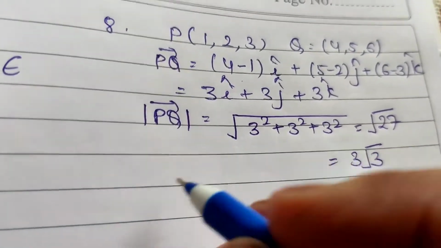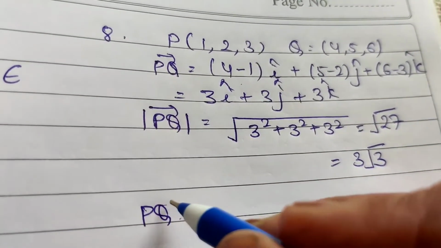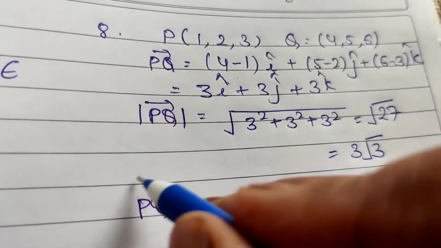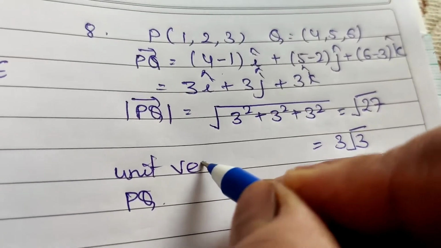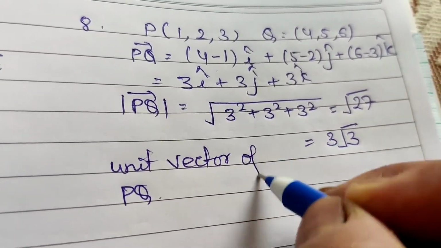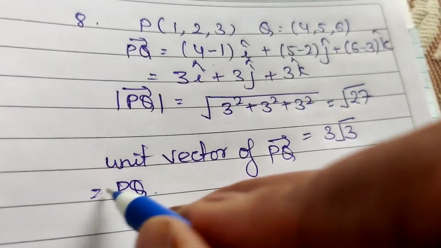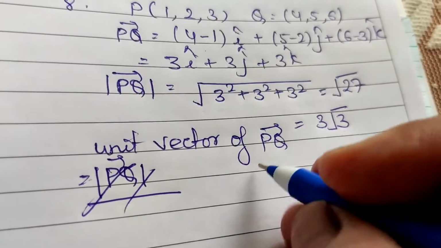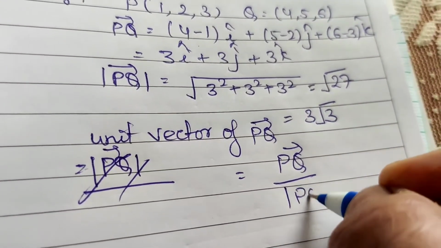Okay. Now unit vector of PQ equal to PQ vector divided by the magnitude of PQ.